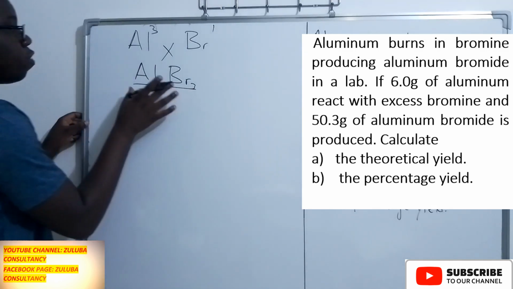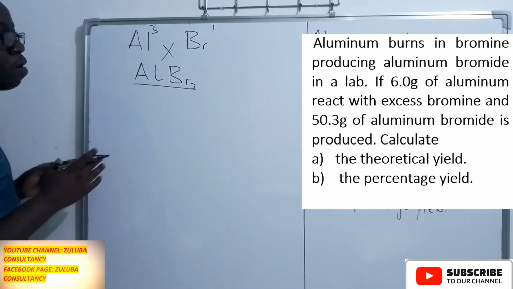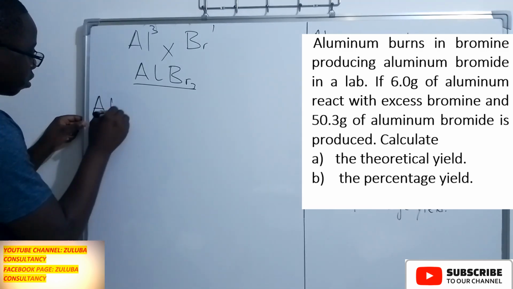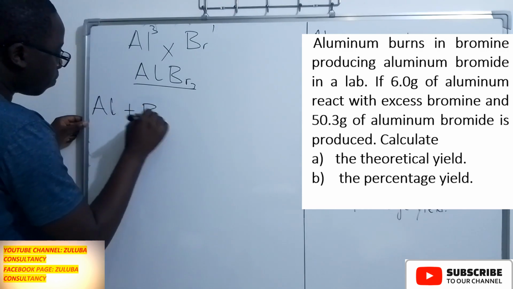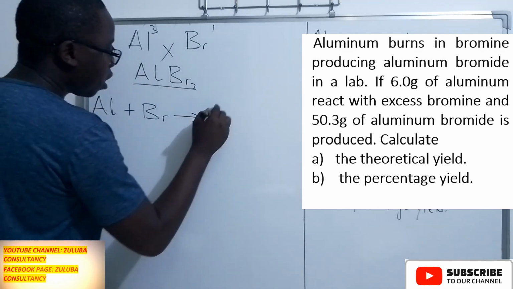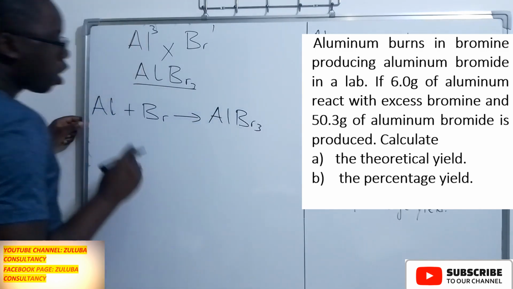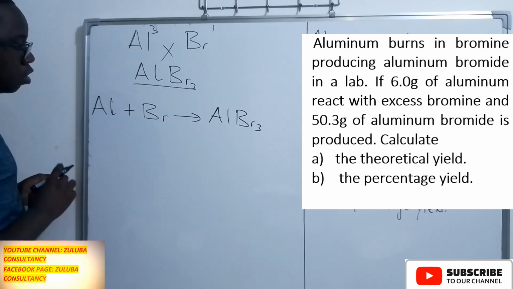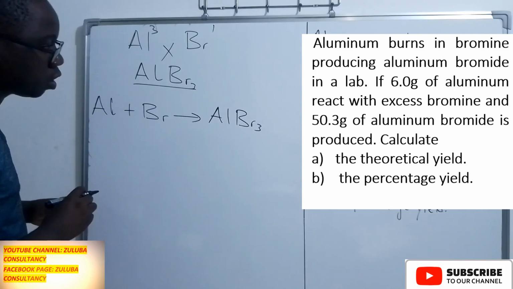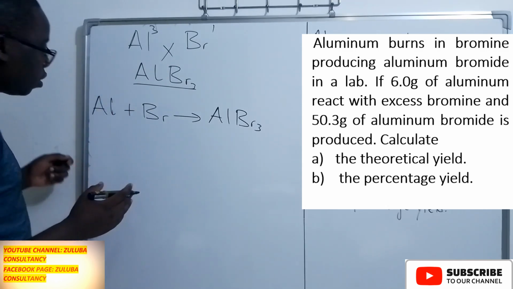Now that we have the formula for aluminium bromide, we can come up with the chemical equation. So aluminium is reacting with bromine to produce what we have just formed here, aluminium bromide. After you look at this, you will notice that this is not a balanced chemical equation. We need to balance it. So how do we balance it?